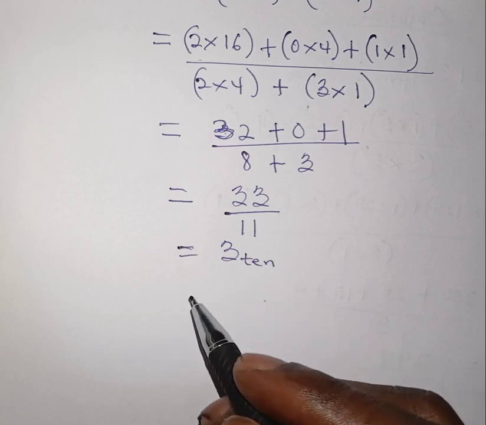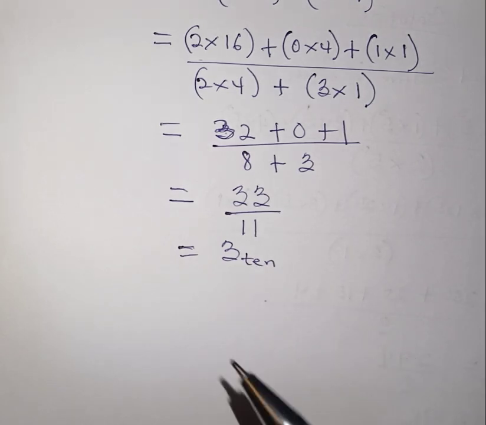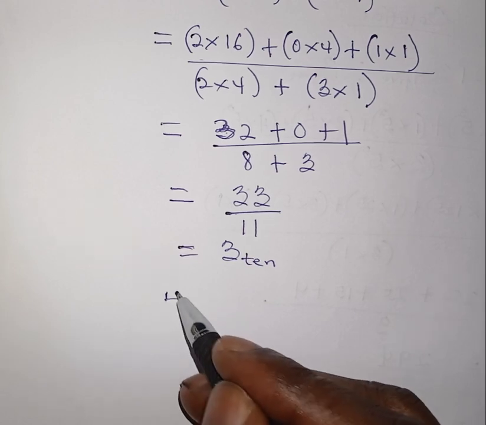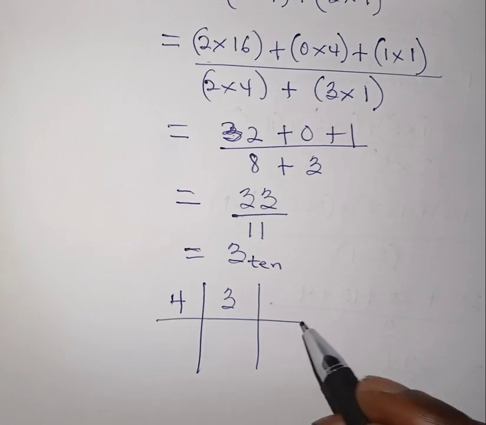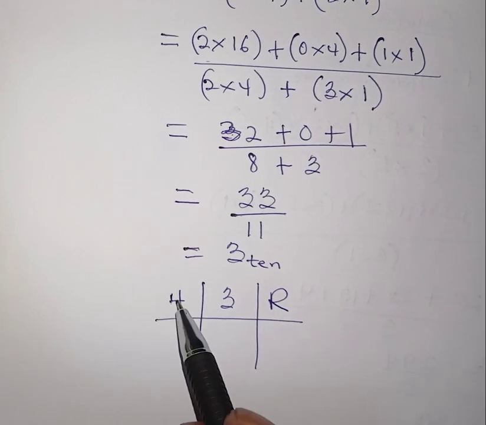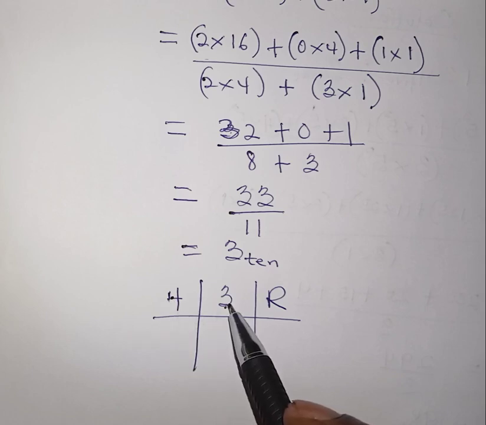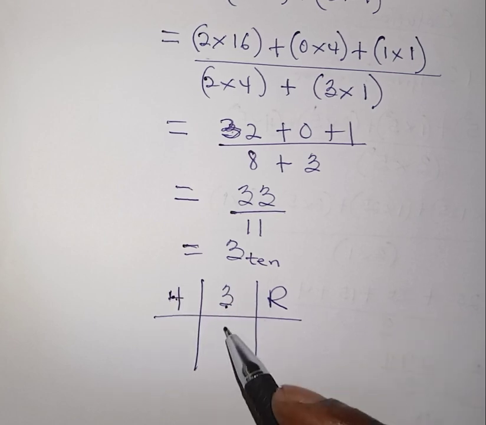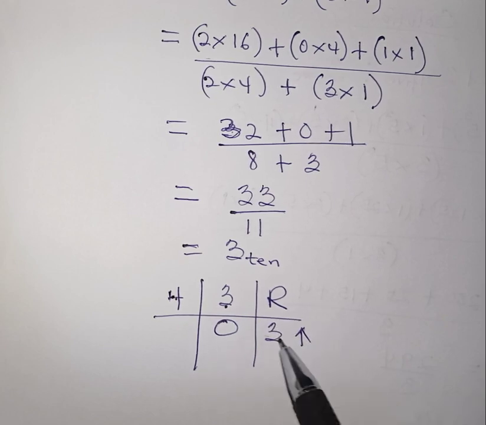Good. So if it is in base 10, then you change it to base 4, because the question was given in base 4. So I'll write my 4 here, my 3 here, my remainder. Note that 4 is greater than 3, so it can't divide, and therefore we keep the answer. If 4 divides 3, definitely we get 0, and the remainder will still be 3.